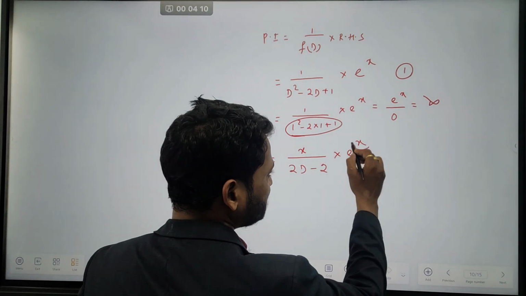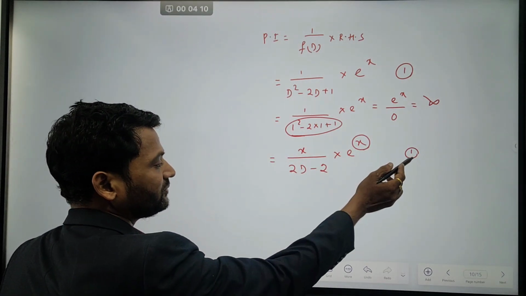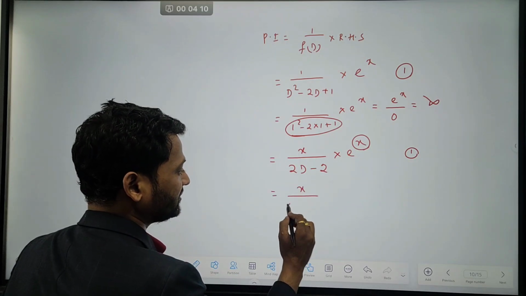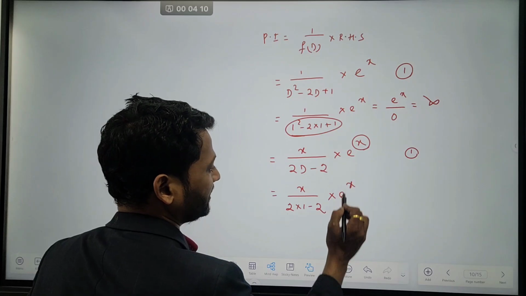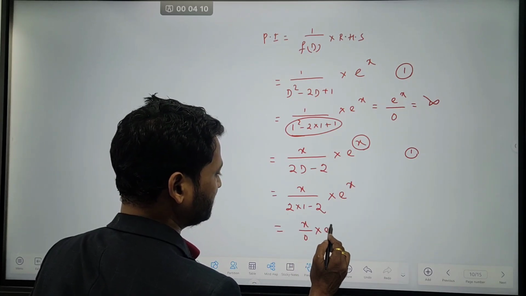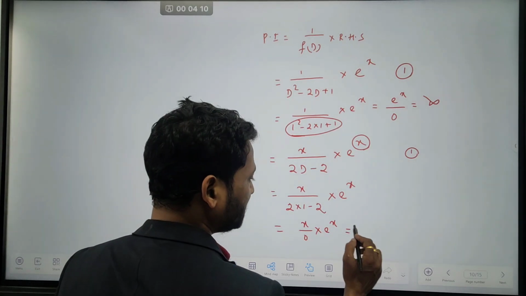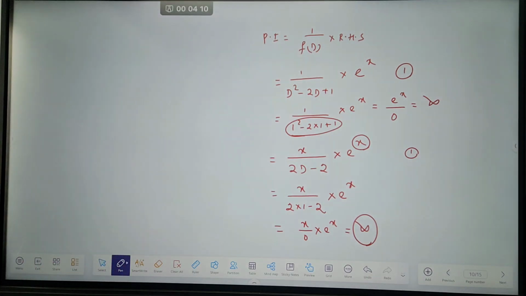Now what is the coefficient of x? Again it is 1. You put the value 1 in this equation. It is x by 2 into 1 minus 2, into e to the power x. So x by 0 into e to the power x. Are you getting my point? Something by 0 is infinite. Again you are getting infinite as your answer.